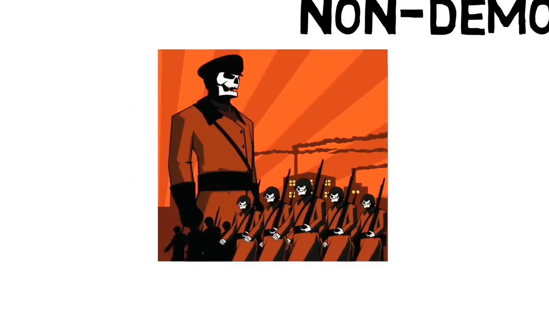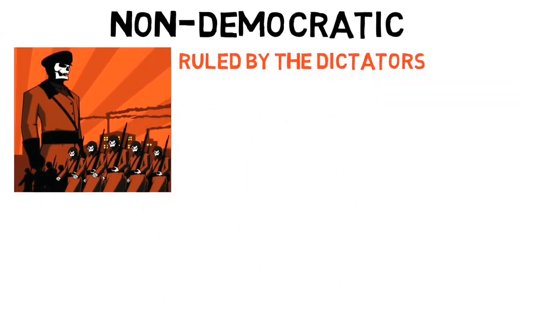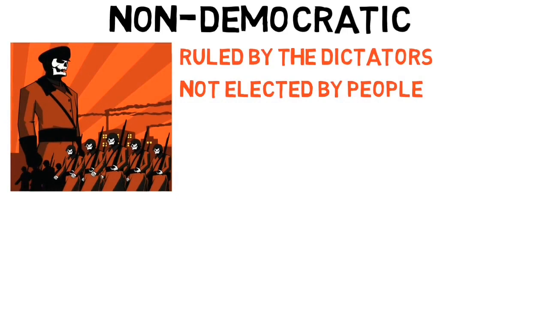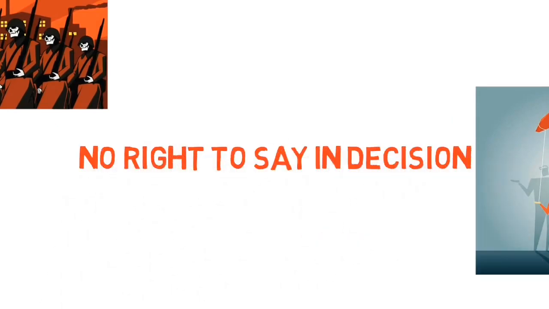In a country where there is non-democracy, the country is ruled by dictators. They are not elected by people. In such a government, people don't have any right to say in any decision. We will understand this better with some examples.